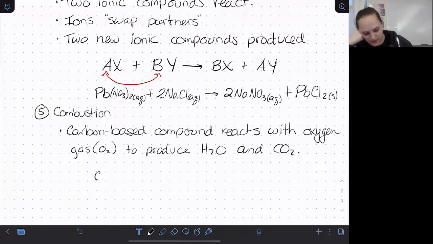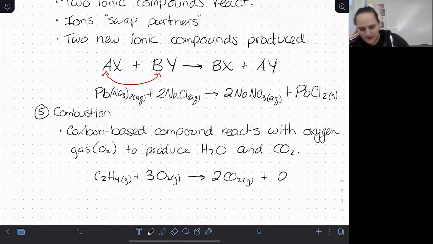So there's no good way to do a generic example of this, so I'll just give a real one. We have C2H4, apologies, I missed a thing. C2H4 is my carbon-based compound reacting with oxygen gas to produce carbon dioxide gas and water.